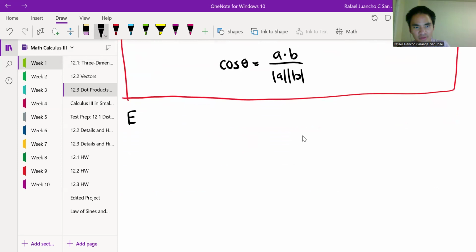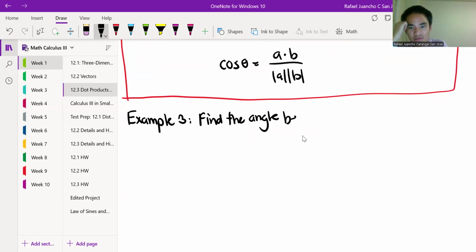Let's solve an example. The example here says we want to find the angle between, so we're given vectors with numeric components.